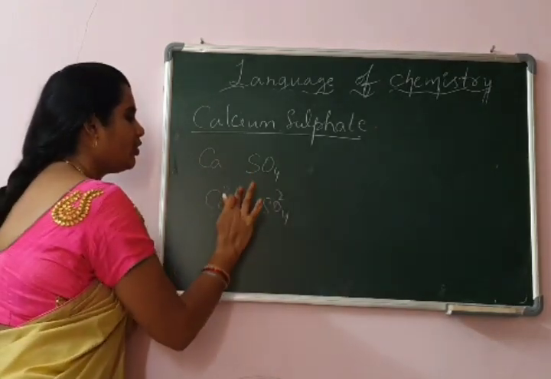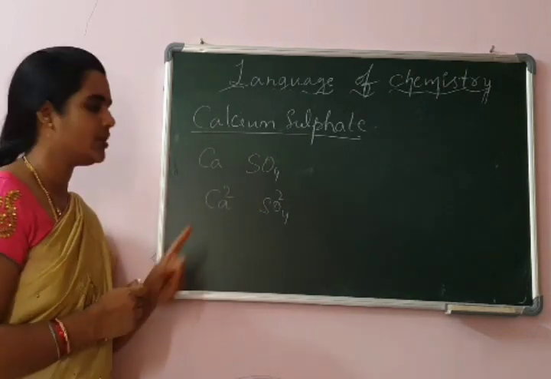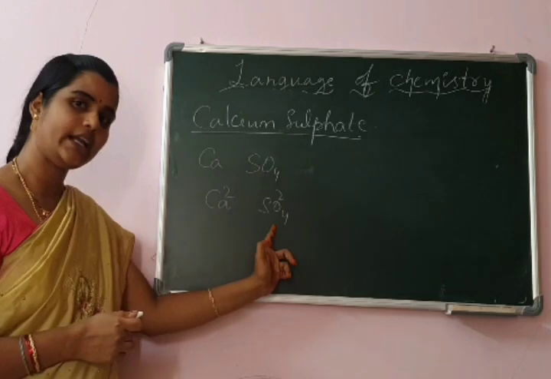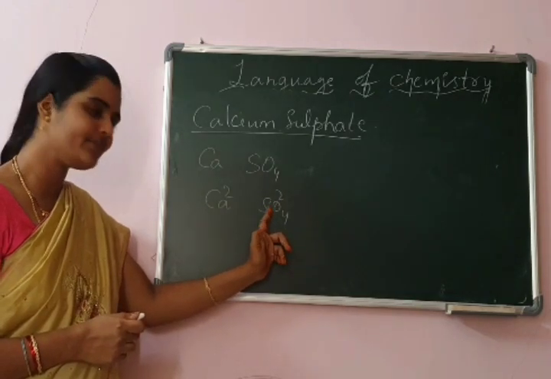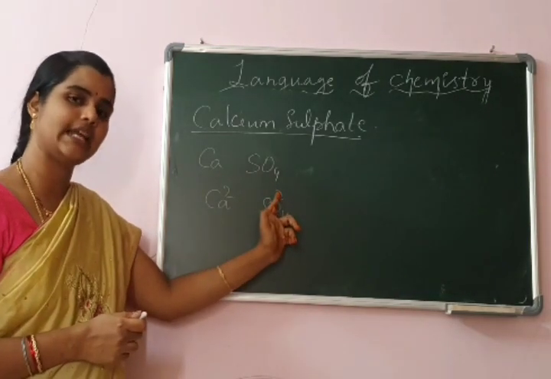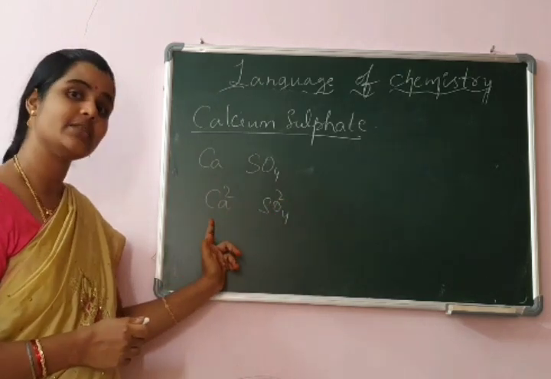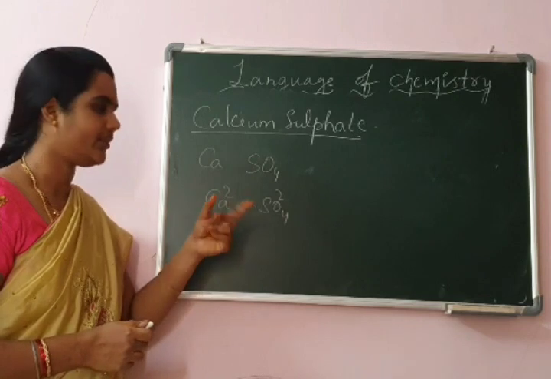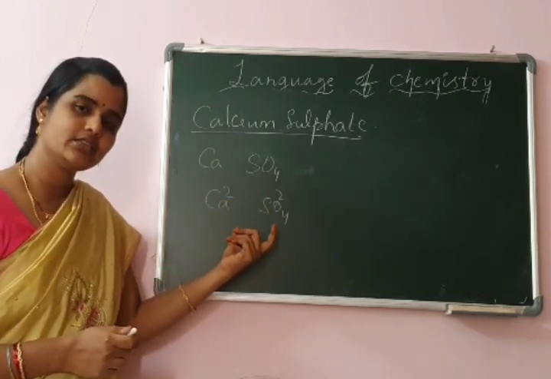So now if you ignore these charges, Ca2, SO4 2. So this is a compound radical which is made up of a group of atoms, that is 1 sulfur and 4 oxygen atoms. Okay, so here it is a simple radical which is made up of only one atom, that is calcium. Clear?